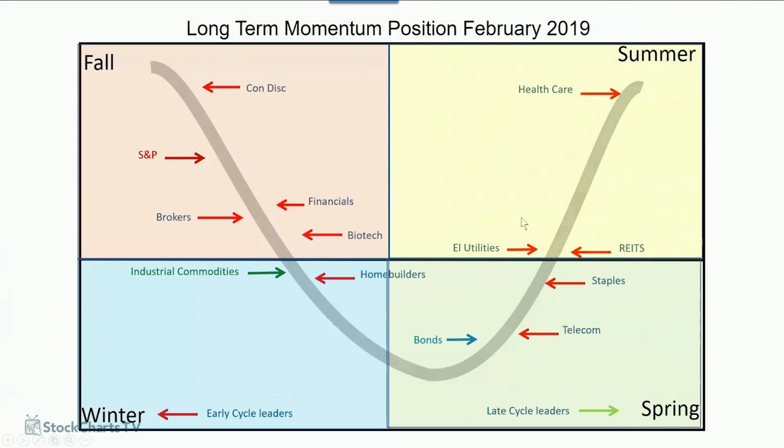But by and large, even though the S&P was in this position here of being in the fall, several leading groups were in a position of being in the spring and summer. So let's take a look and see where the lagging stuff was. And one of the things you can notice here is that lagging was very heavily concentrated in the fall section.